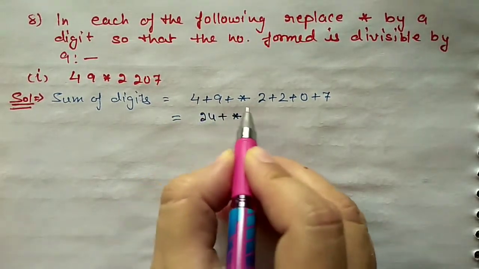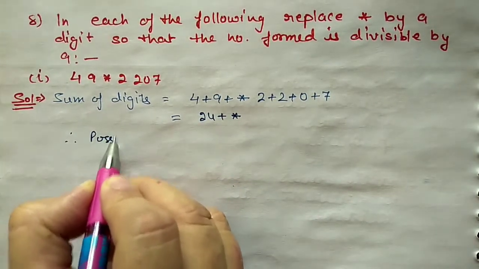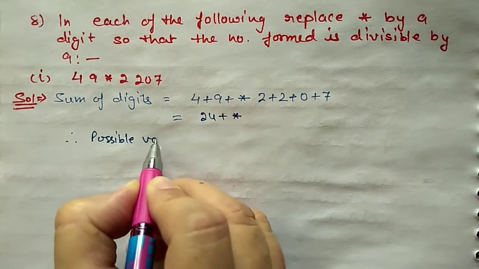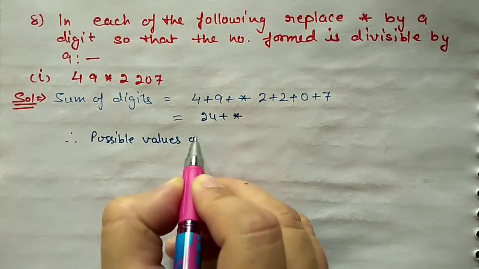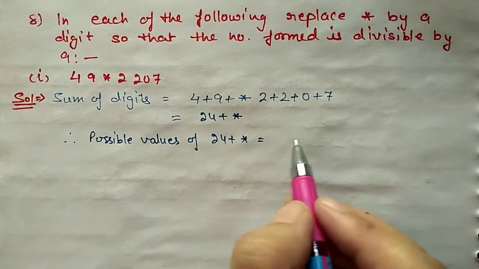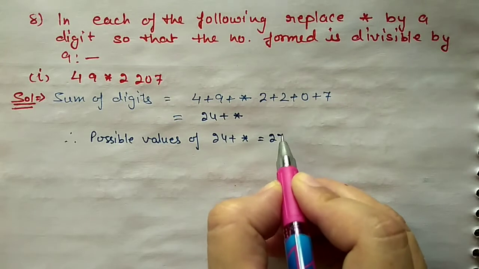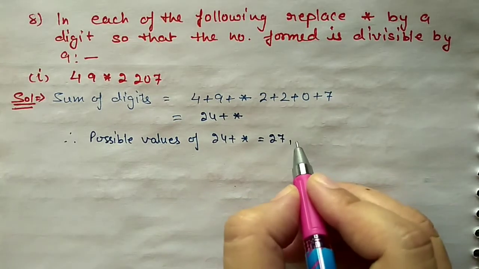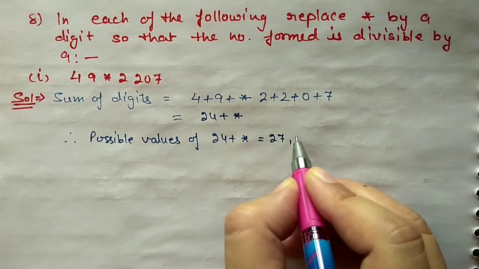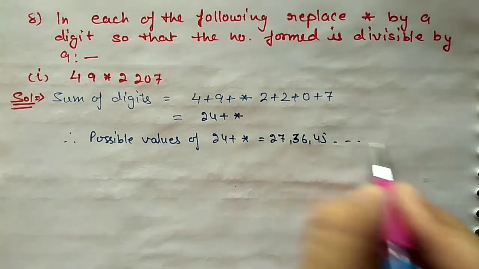Now this should come in 9 table. Therefore the possible values will be we'll check which all numbers are coming in 9 table after 24. So 27 and then next number is 36, then 45 and so on.